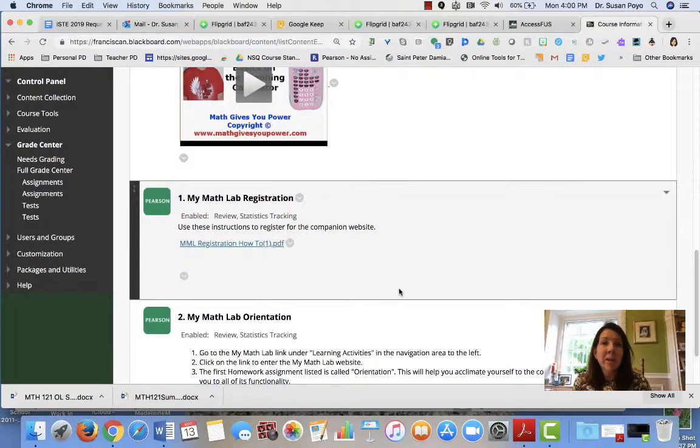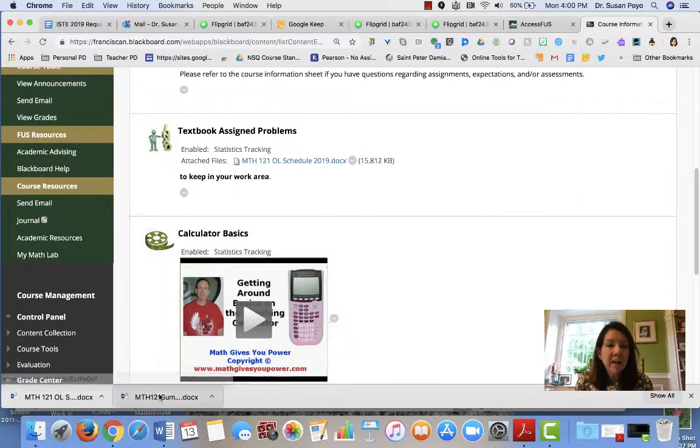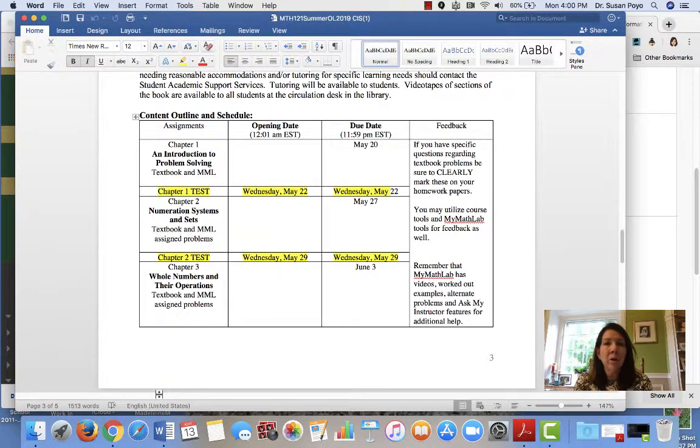So I just wanted to show you what we're looking at in the course information sheet. Each week you'll have a test. You'll be responsible for a full chapter's worth of information. The first chapter is Introduction to Problem Solving, but the other two components that you have in addition to the information in the textbook and the test that goes along with that, you have textbook problems for each of the sections within each chapter.